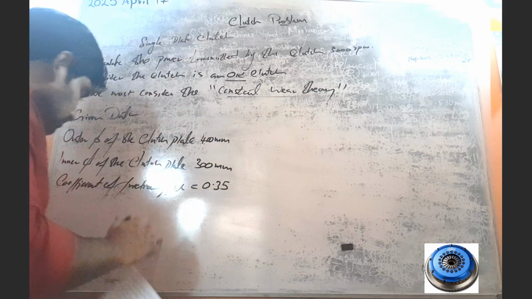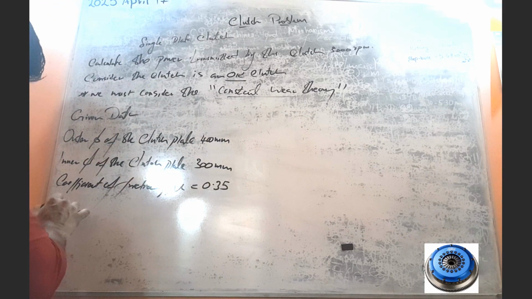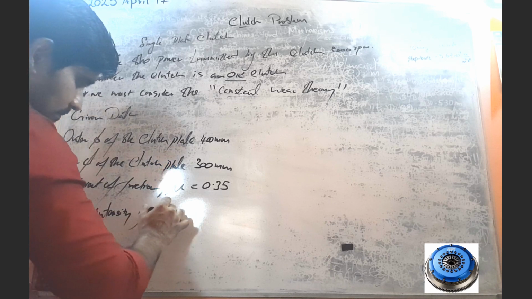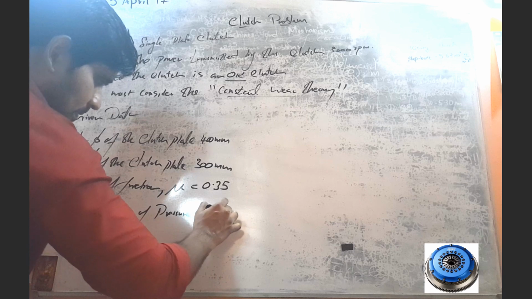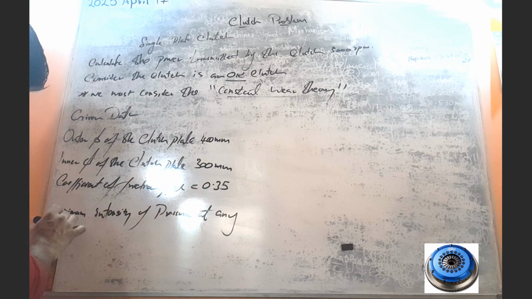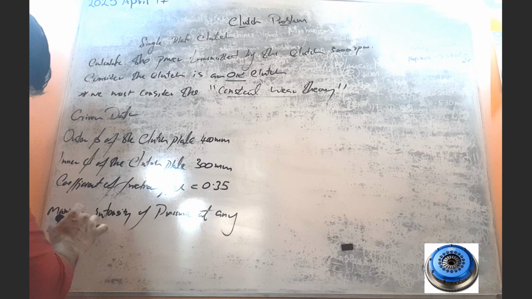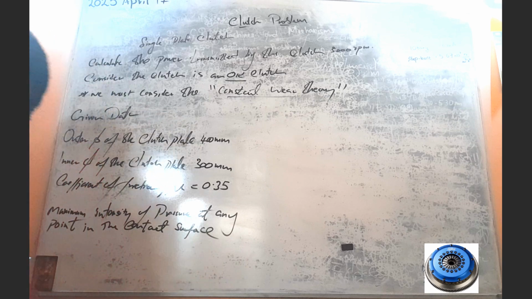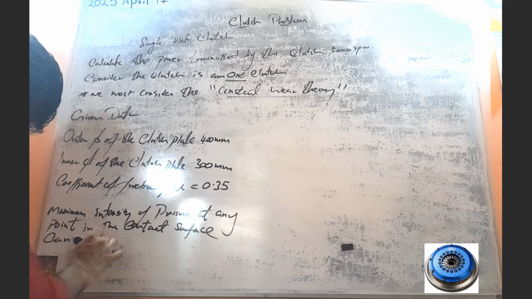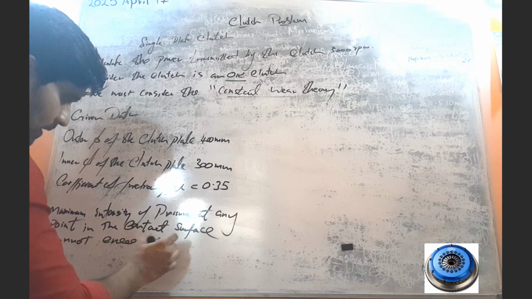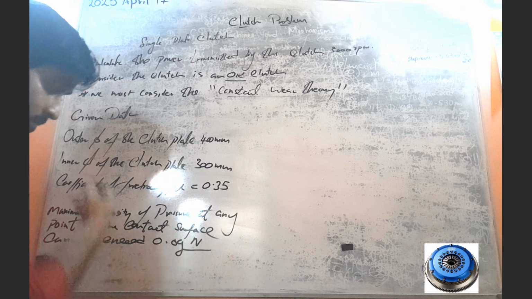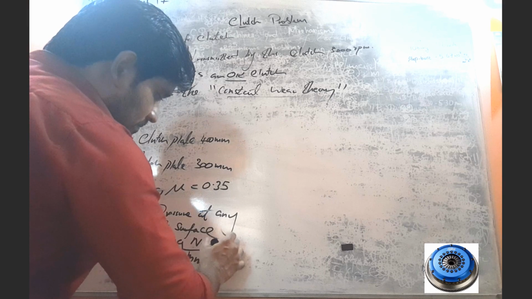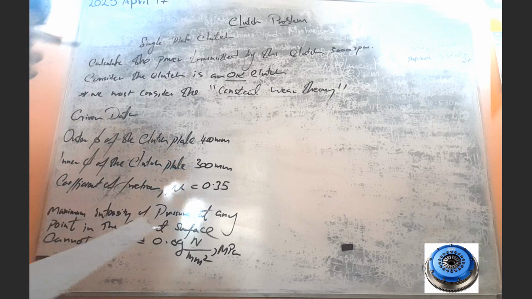The other most important factor is that the maximum intensity of pressure at any point in the contact surface cannot exceed 0.09 newtons per millimeter square, or in other words we can say megapascal. So that is another given information.